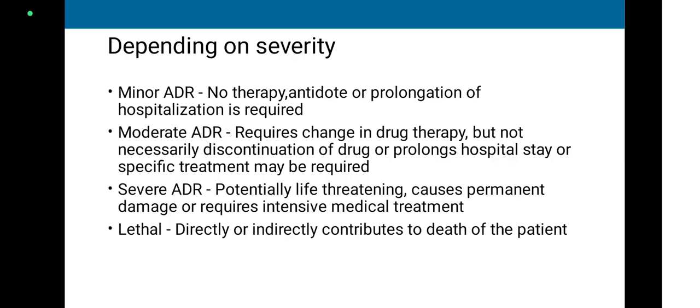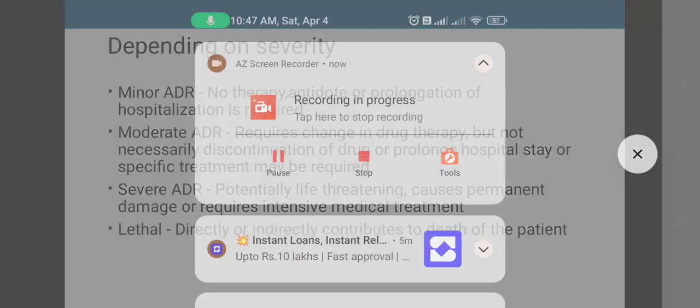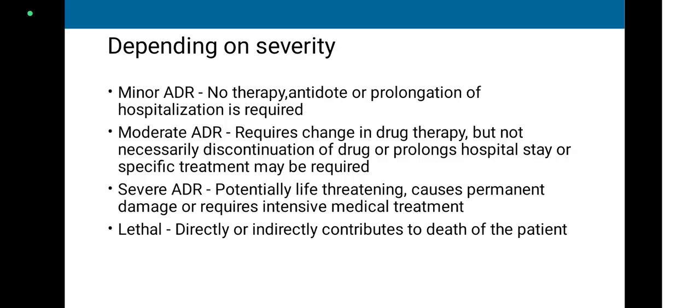The specific treatment or whatever drug was started can be continued. Next type is severe ADR, that is life threatening or may cause permanent damage and requires intensive medical treatment. And the lethal ADR, which directly or indirectly contributes to the death of the patient.